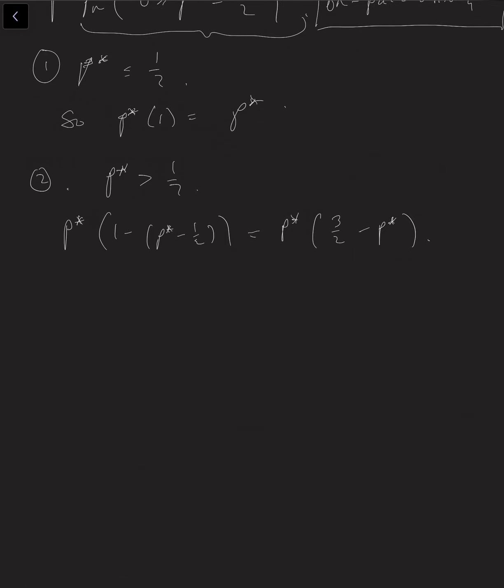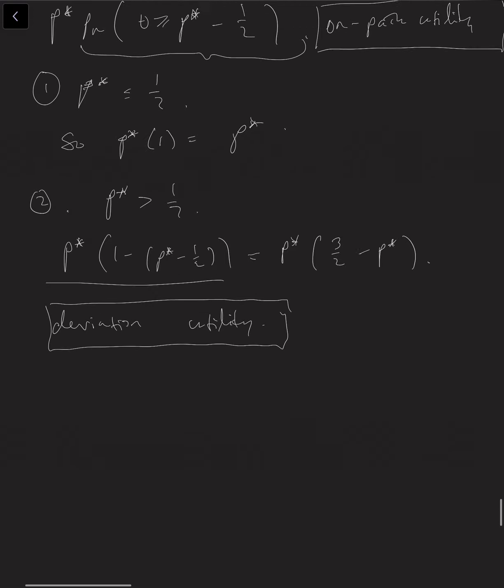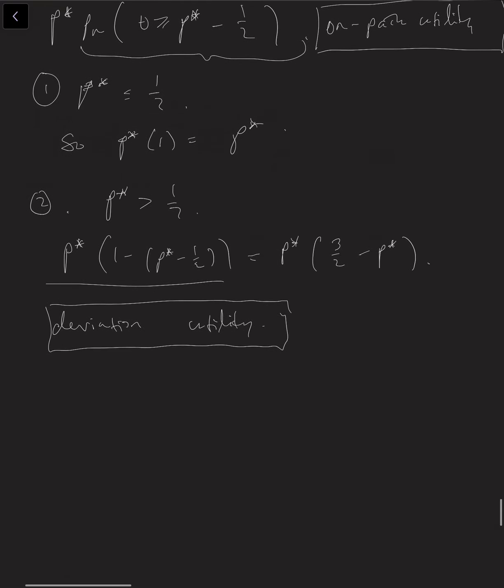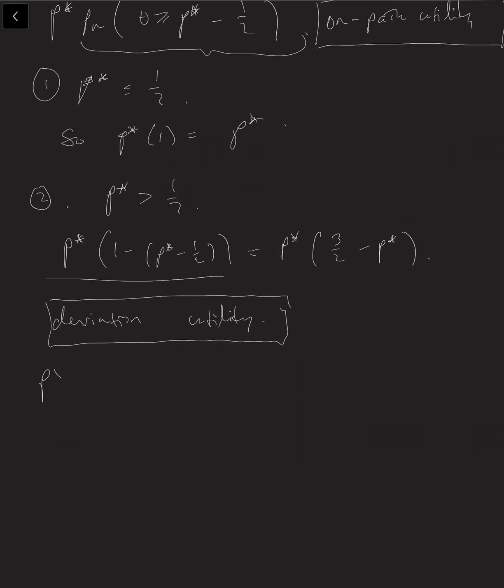Okay, let's check now the deviation utility. The deviation utility is P prime times the probability.